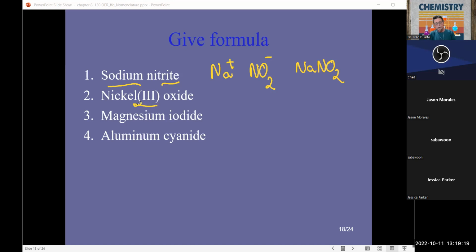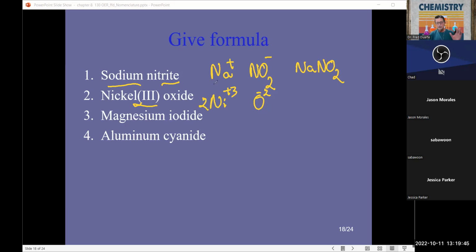All right, so the Roman numeral tells us that we are working with nickel, which is Ni, and specifically with the +3 ion. The oxide is a -2. So now we have dissimilar charges here. Okay, so we find a common number. The common number in this scenario is a 6.